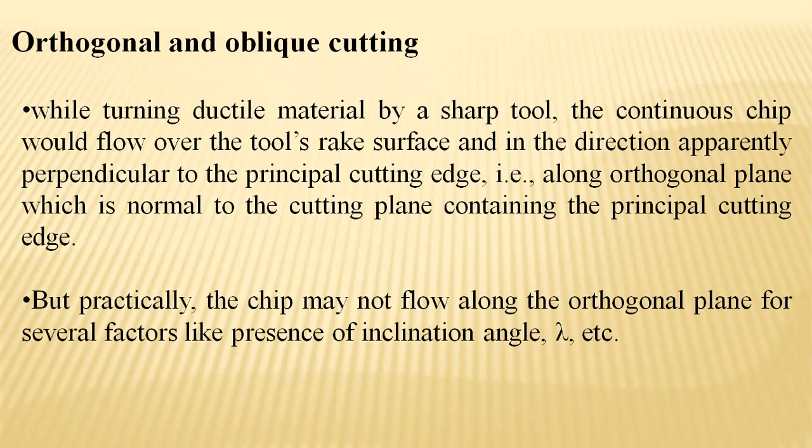And even those miniature chips will flow over the rake surface, in a direction apparently perpendicular to the principal cutting edge. So we are all aware that in orthogonal cutting, the tool and the work part machining condition will be exactly maintained at 90 degrees.